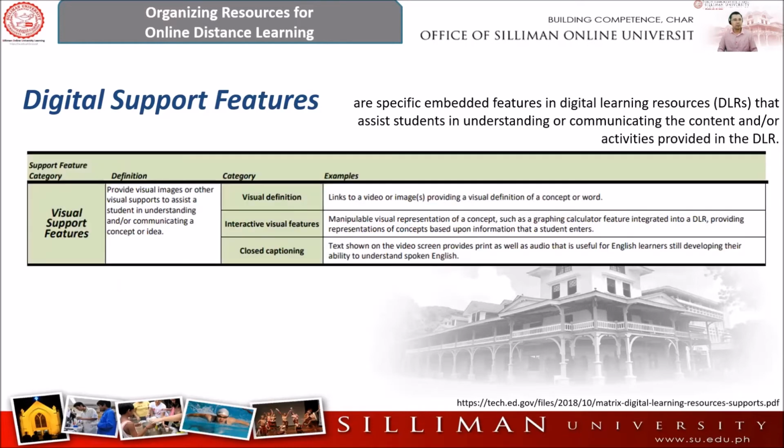There are also different categories of digital support features. The first one is the visual support features. This feature provides visual images or other visual supports to assist a student in understanding and communicating a concept or idea. Examples are links to a video or images providing a visual definition of a concept or word.